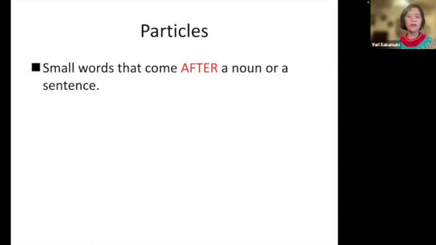You can think of it as somewhat similar, but not quite. These are small words that come after a noun or after a sentence, not before. So right away, you can tell it's different from prepositions.